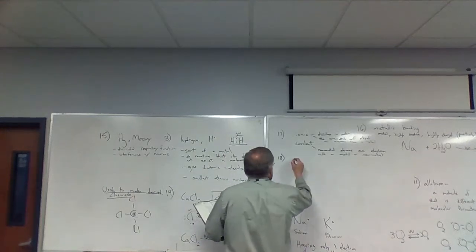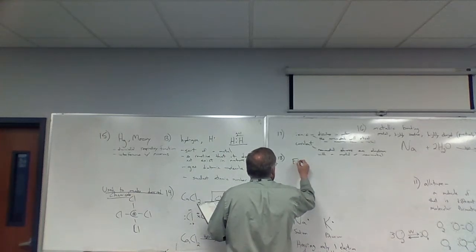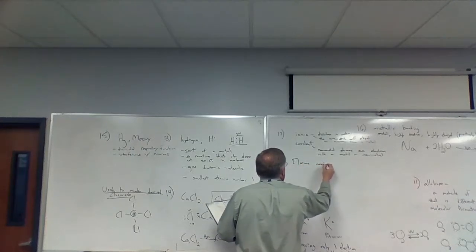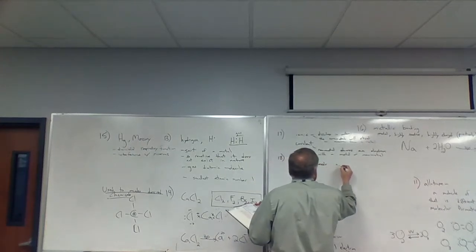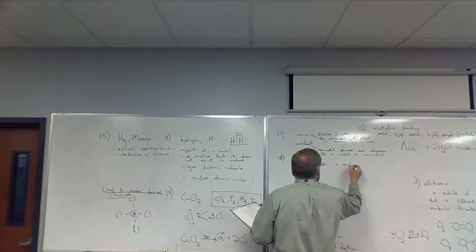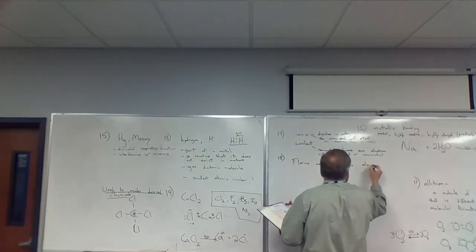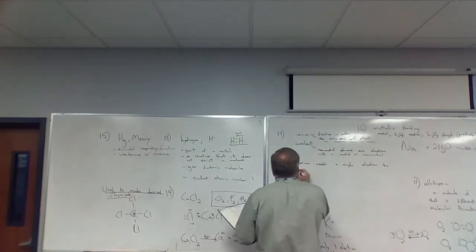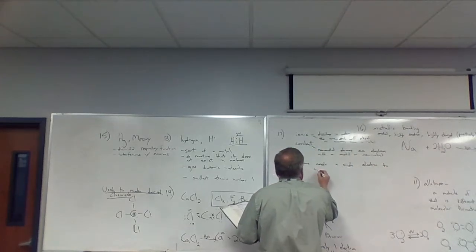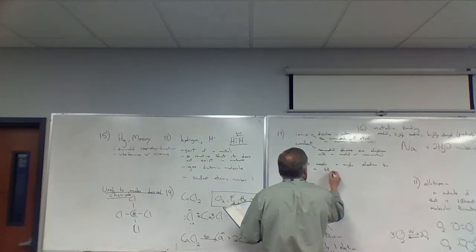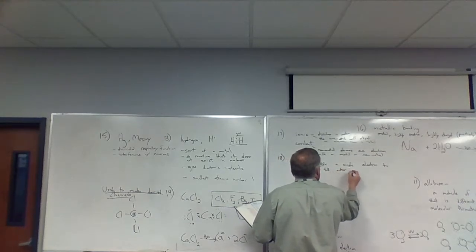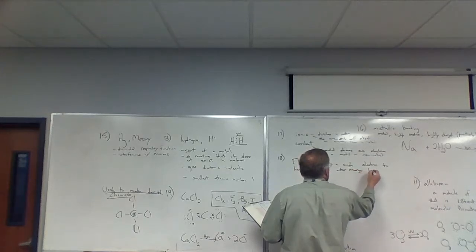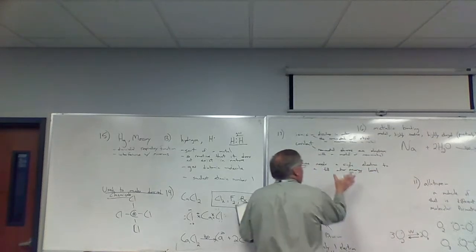All right, fluorine needs a single electron to have a full outer energy level. And that is way more stable.